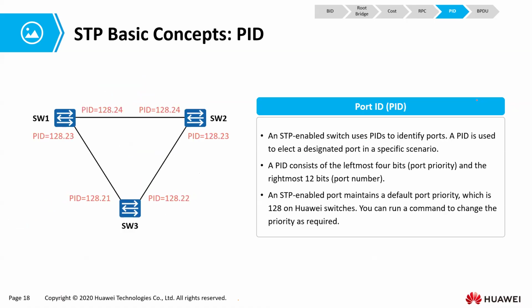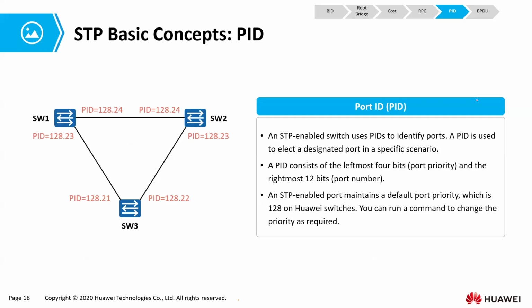RPC, we've gone through that. We have the PID. Is that the port identifier? Probably. The PID identifies ports and is very useful for tie breaking. These ones are best explained by examples, but basically, the port ID is a port identifier.